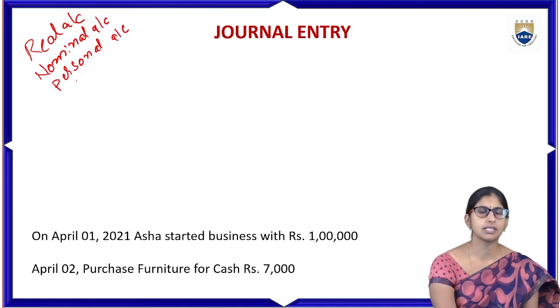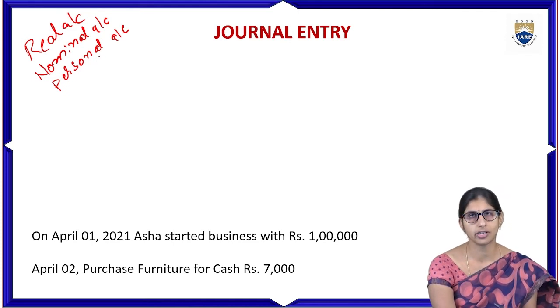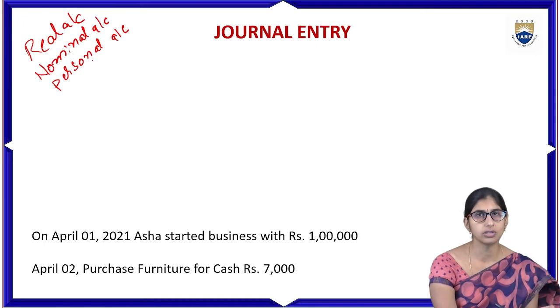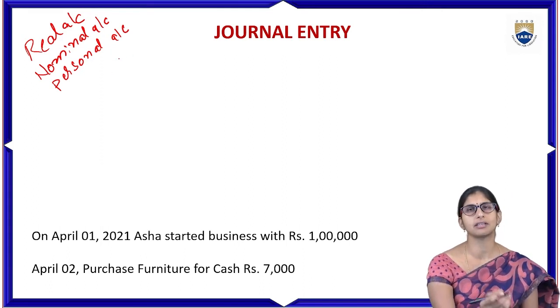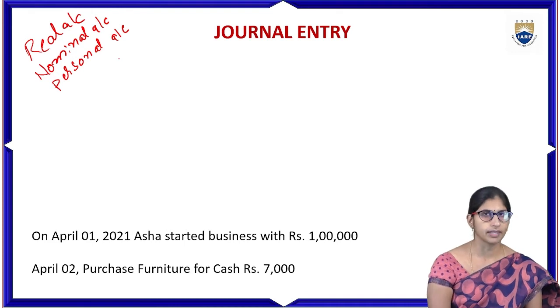And coming to the personal account, here we are going to identify some person's name or institution name or any organization name, and those names are identified as personal account items. And the rule for personal account is debit the receiver, credit the giver.